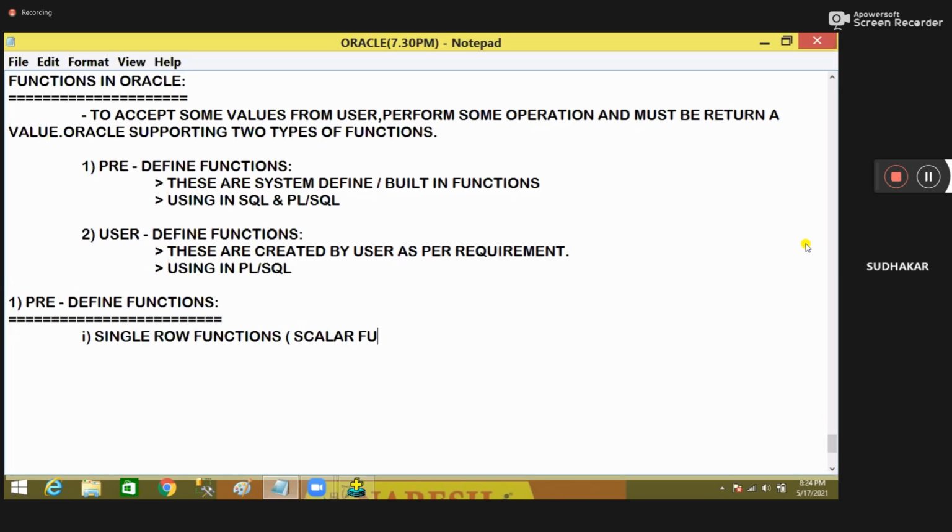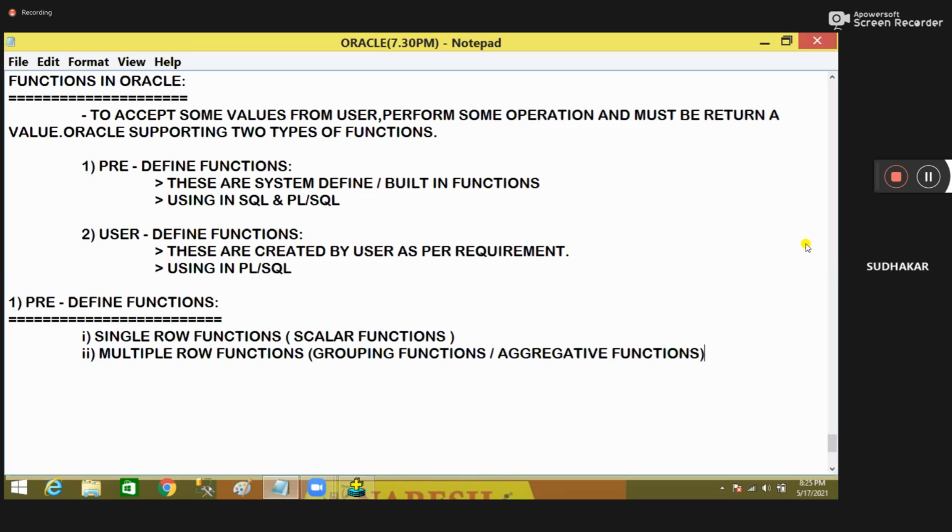And the second category is called multiple row functions, which we can also call grouping or aggregative functions.